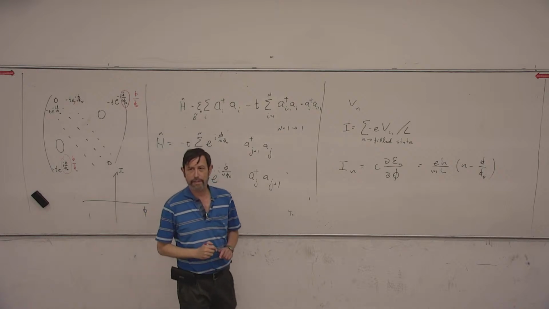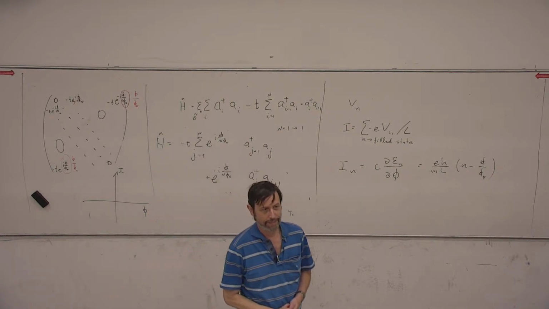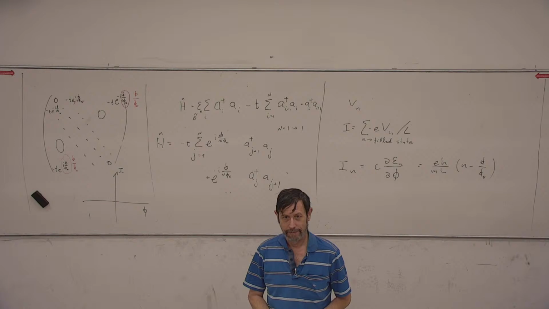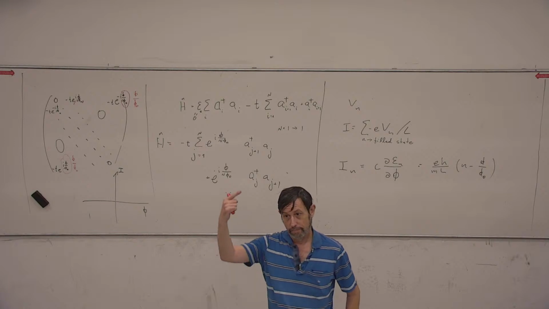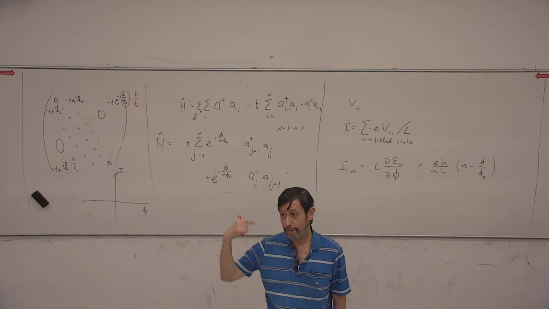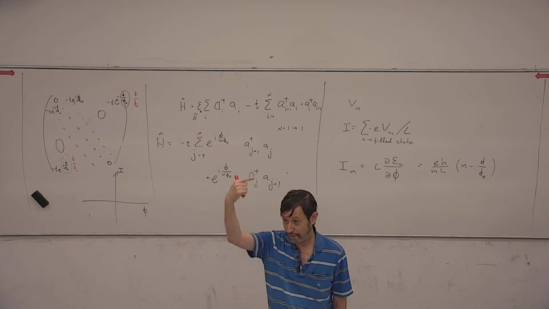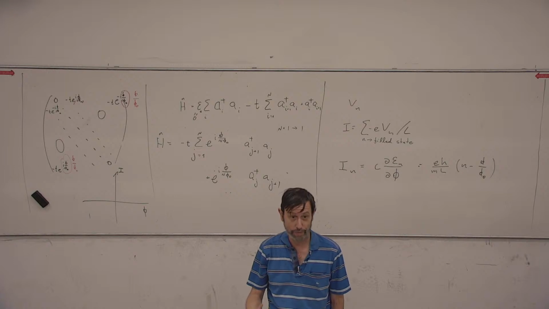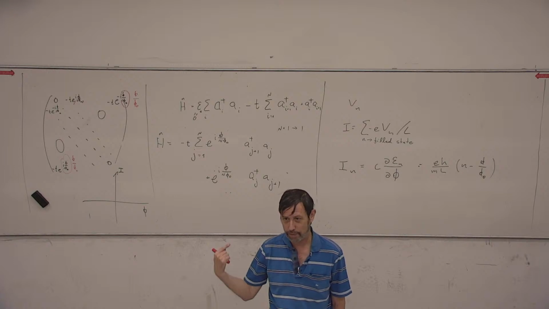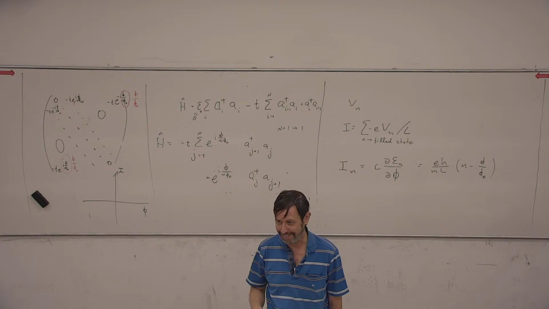Why is it physically correct? Because the important physical thing is that the integration over the loop is equal to the flux. Doesn't matter where on the loop I put it.